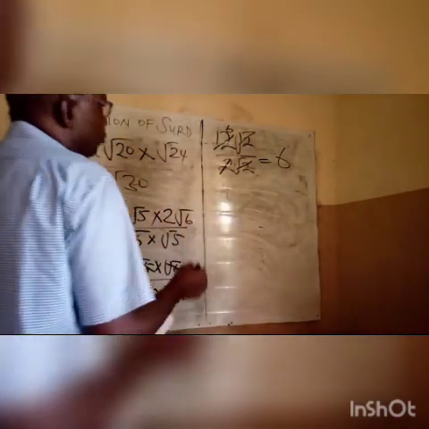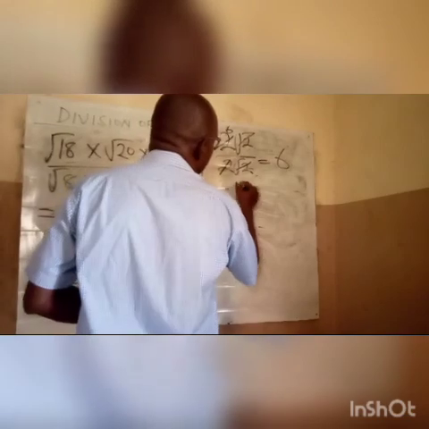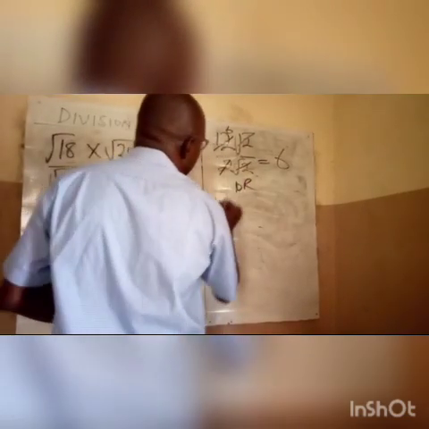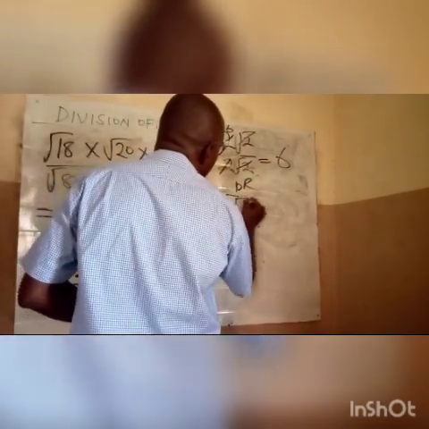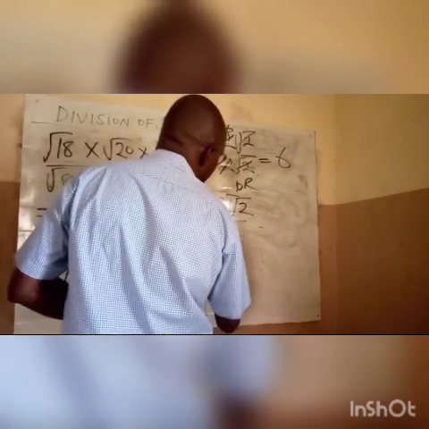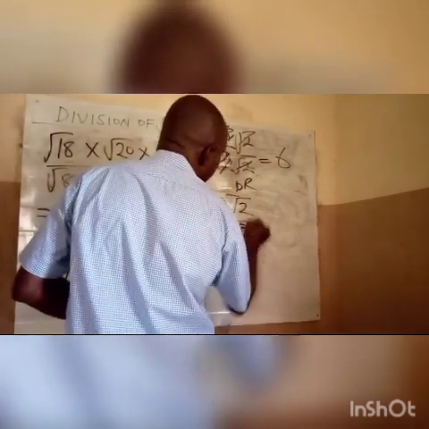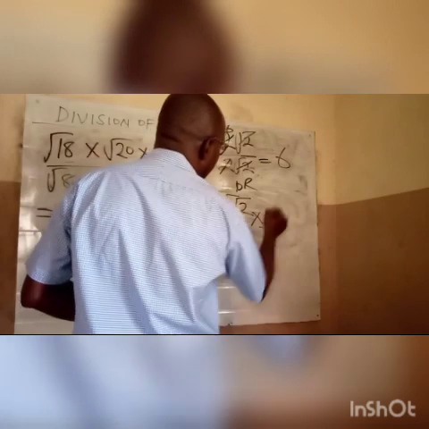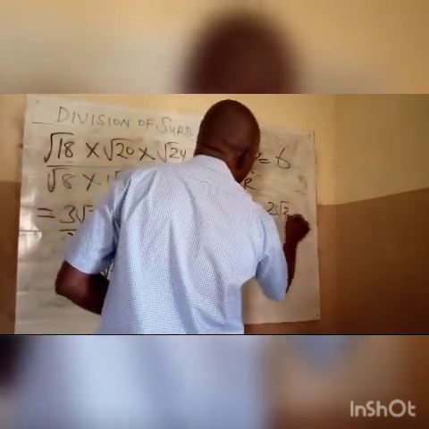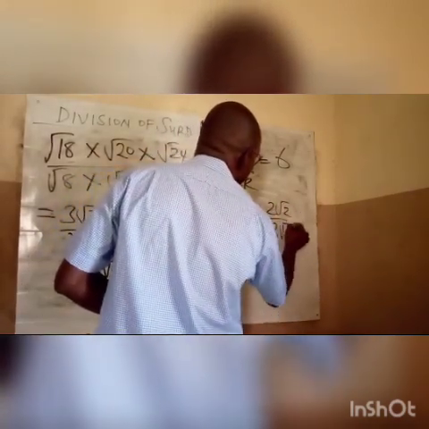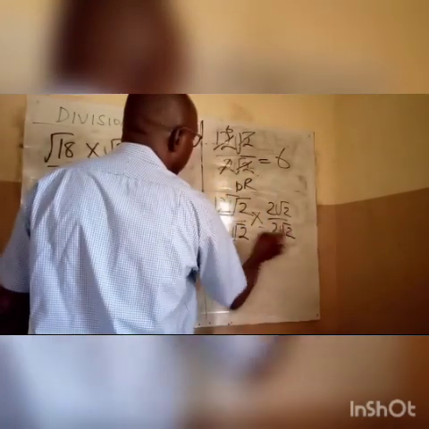Or if you want to rationalize here, 12 root 2 over 2 root 2, you multiply by 2 root 2 over 2 root 2.